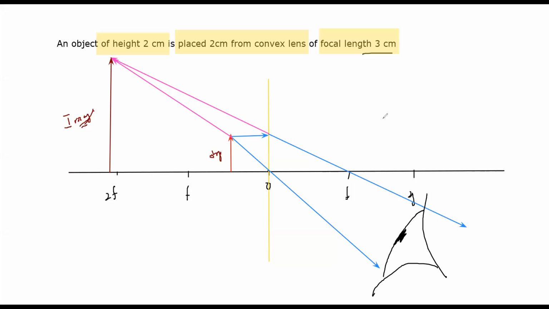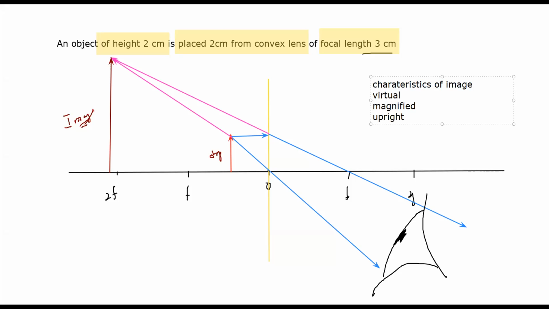So if the object is within the focal length, what are the characteristics of the image? Number one, it is virtual or imaginary. It is magnified or larger in size. It is upright.